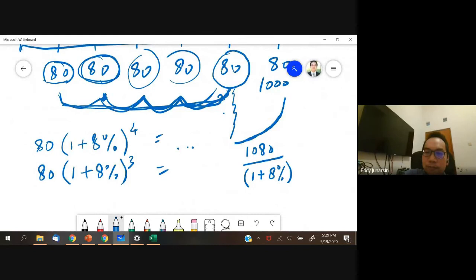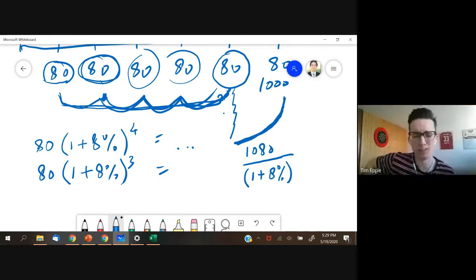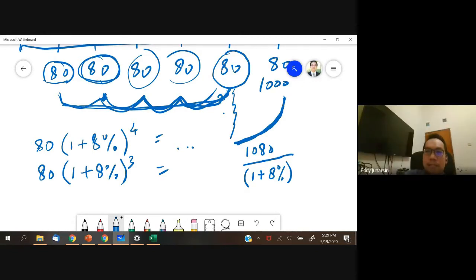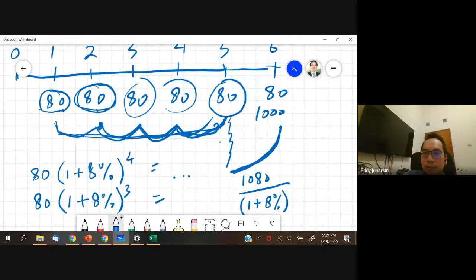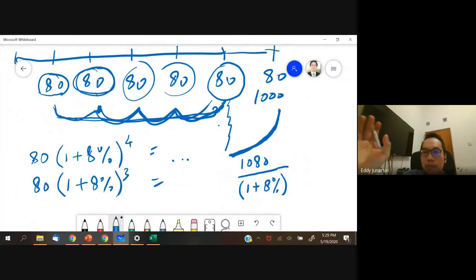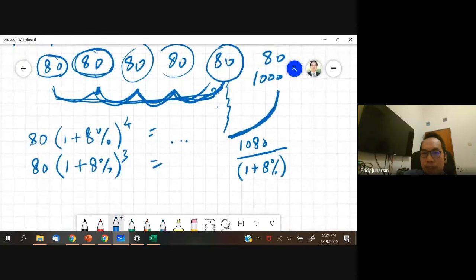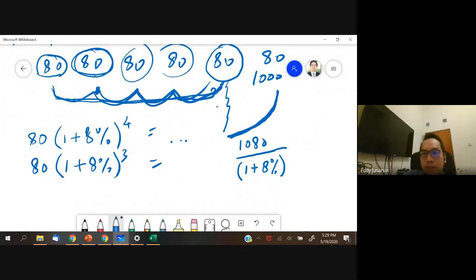To the power of what? To the power of 1, I think. To the power of 1, exactly, right? Because those are cash flows from year 6. We try to find the present values in year 5. So one movement only, right? To the power of 1.